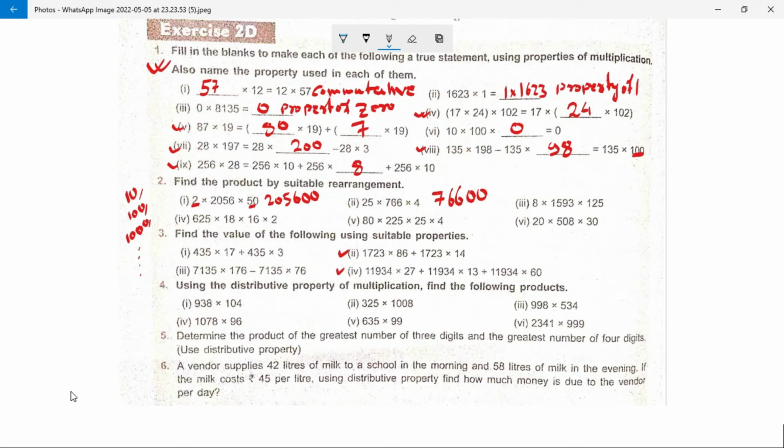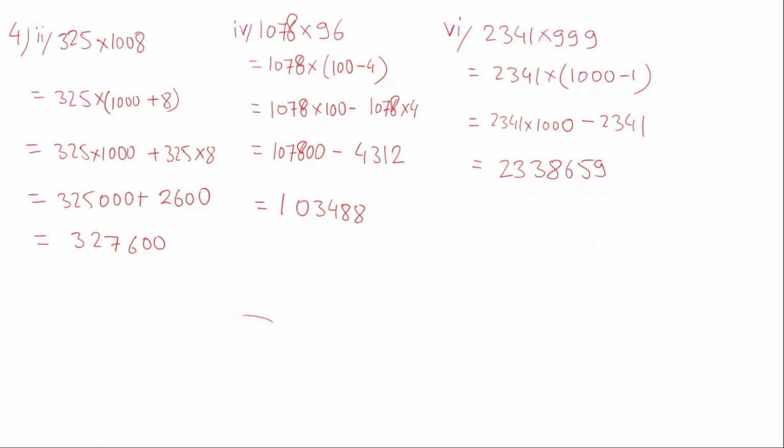In question number 4, using the distributive property of multiplication, find the following products. So let us solve 2, 4 and 6. In question number 4 part 2, we have to multiply 325 into 1008.